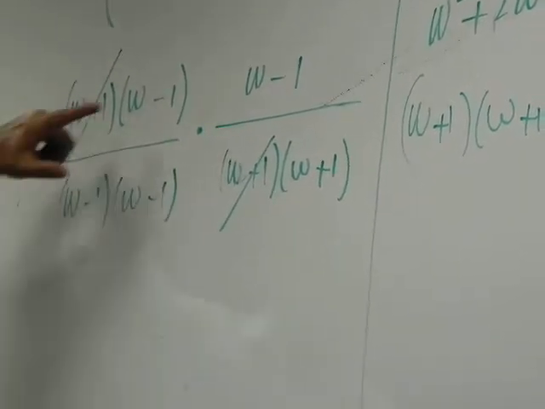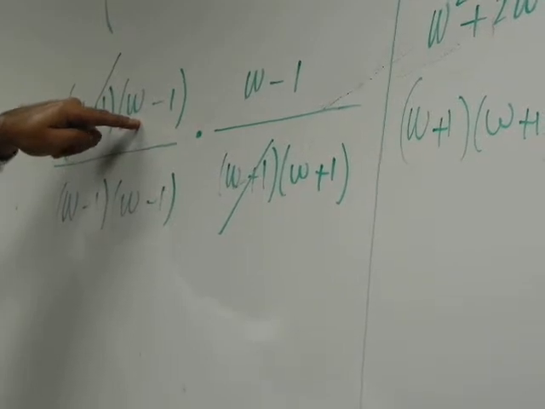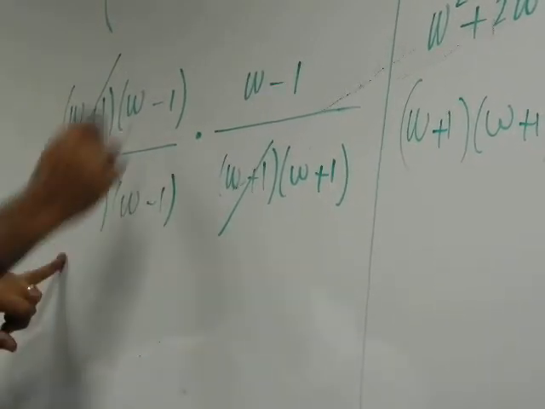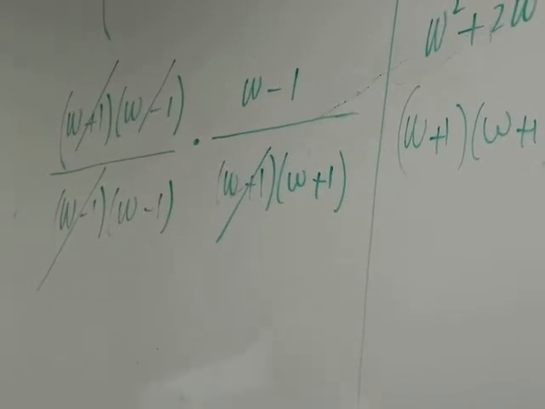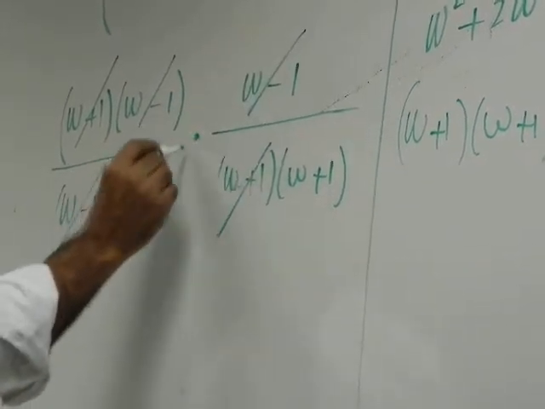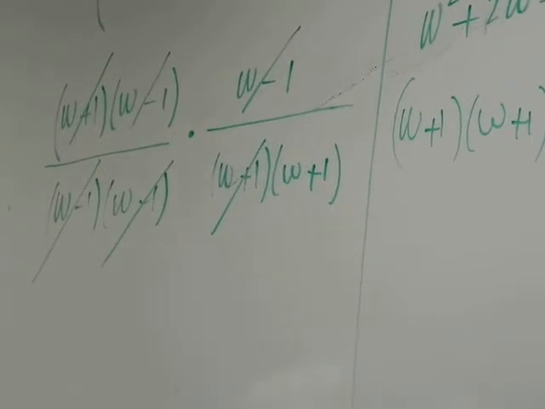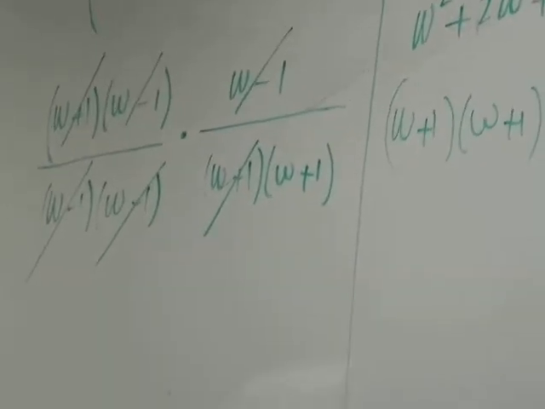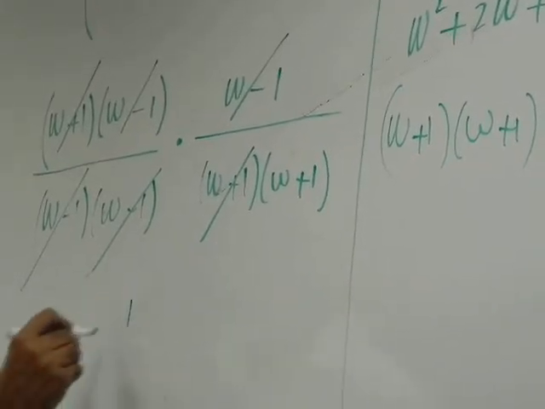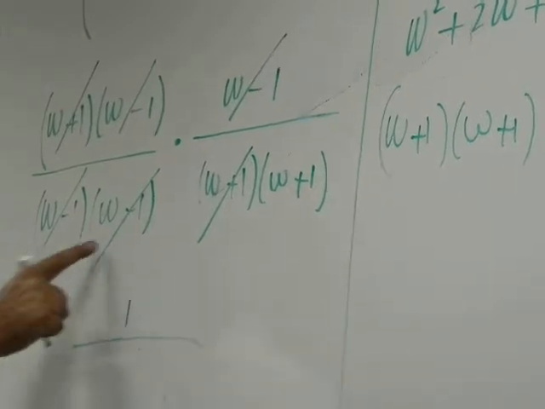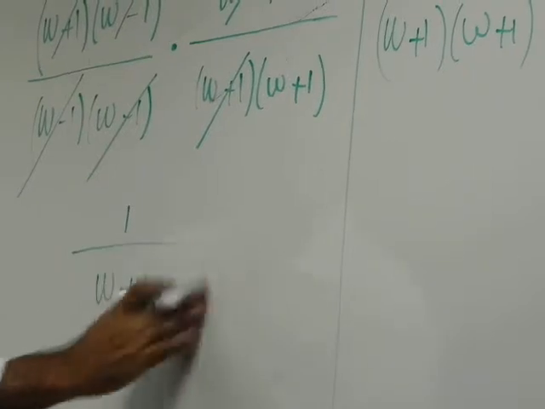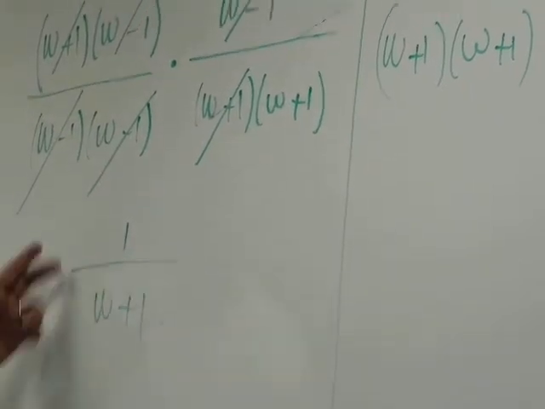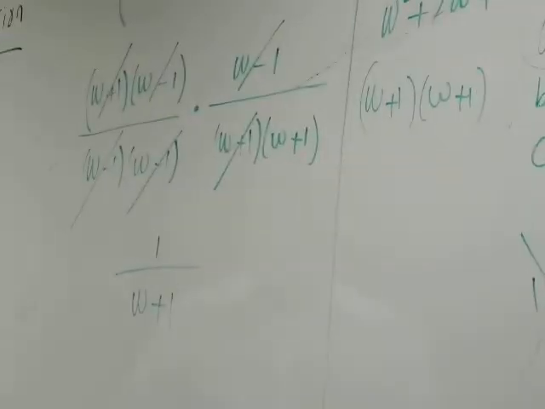Now we have w minus 1. Do we have another w minus 1 at the bottom? Yes, so we can cancel with this one. What else can we cancel? w minus 1 is there. Very good. So what do we have at the top? Nothing, which means we always leave 1. And at the bottom there's nothing left except w plus 1. This is how the reduced form is done.